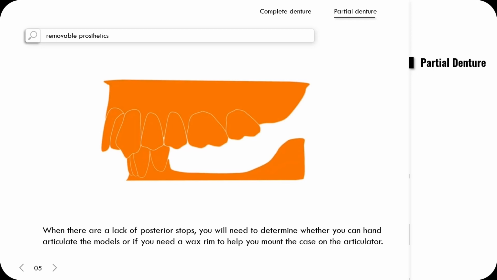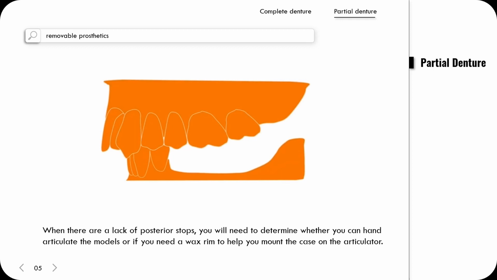Meaning, can I take those two models and just put them together, and even take your hands off of the models, and it'll remain in a very consistent, stable bite. So you can imagine, if the patient has all their teeth, upper and lower, you can essentially just drop that upper cast onto the lower cast, and it'll just sit there in a stable environment.